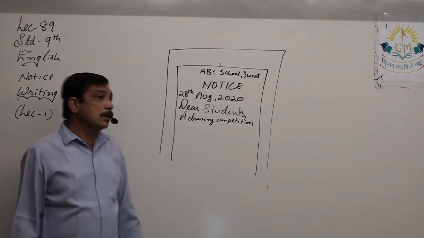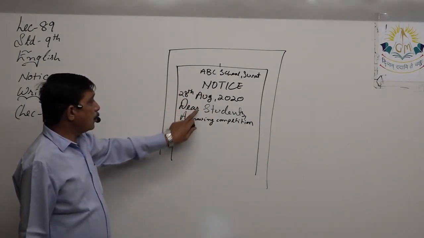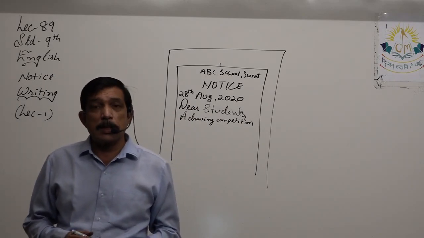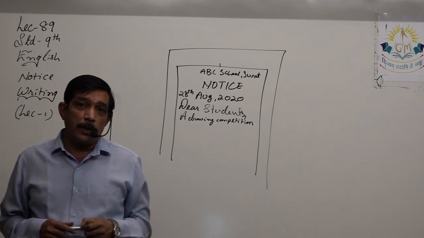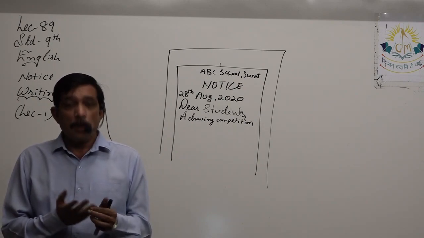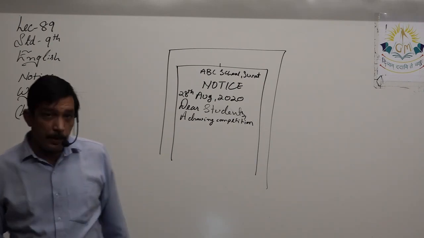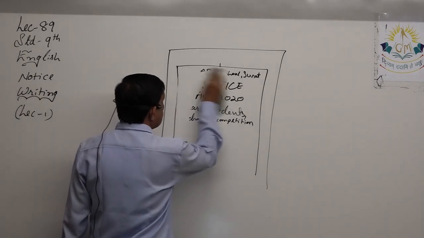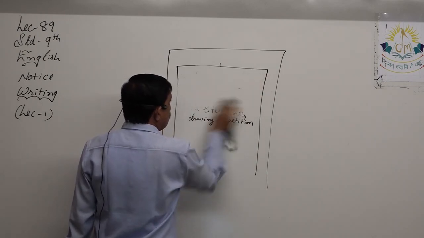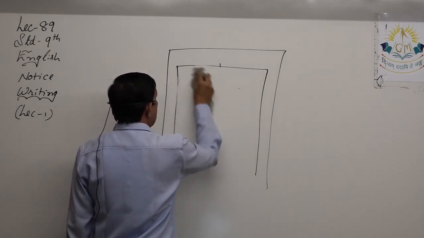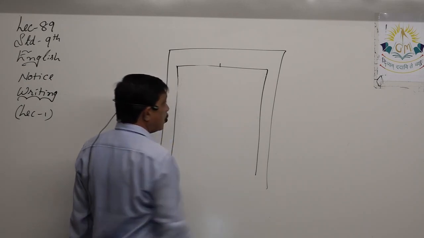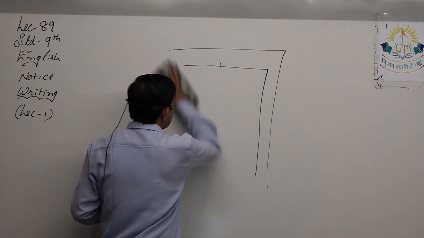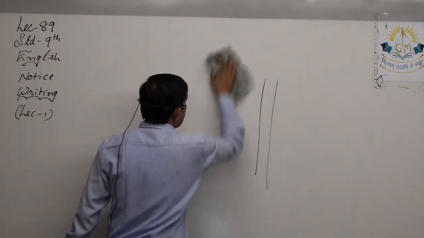You can see students, 1, 2, 3, 4, 5, everywhere the size of the font is different. The size of your handwriting is different, right? So whether you are writing in bold and capital, whether you are writing in small letters, you must see that whether you are writing only one word in the notice line, or whether you are writing the complete line, see that your fonts don't change.